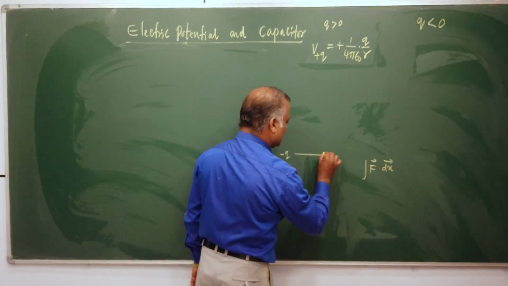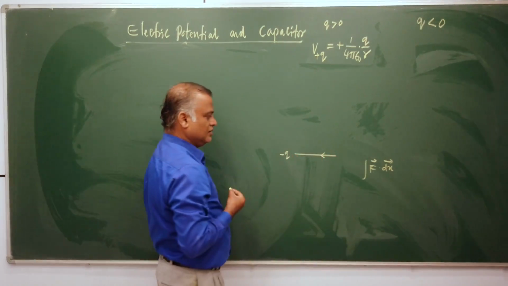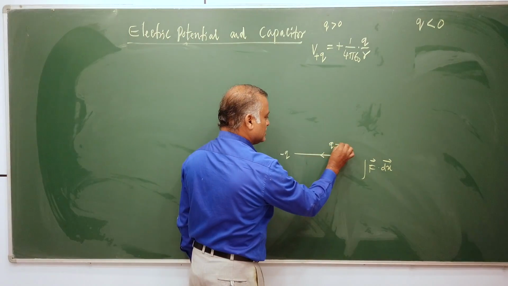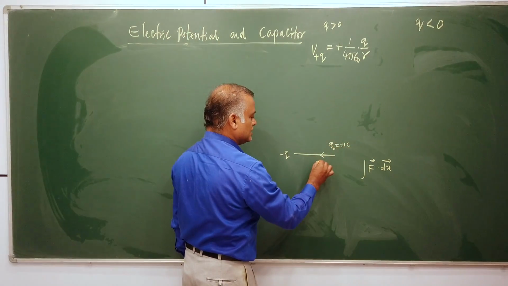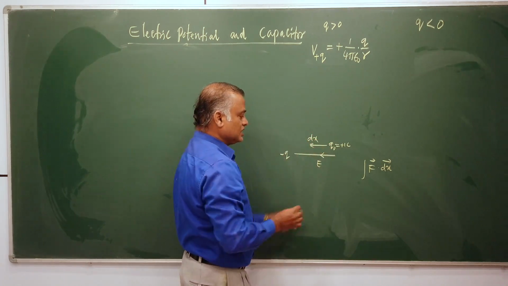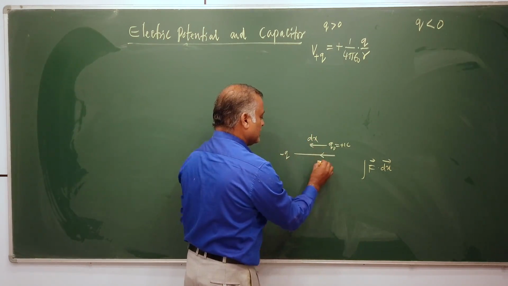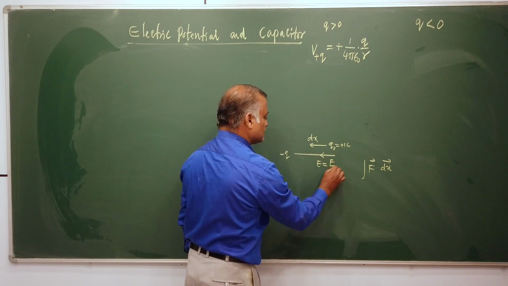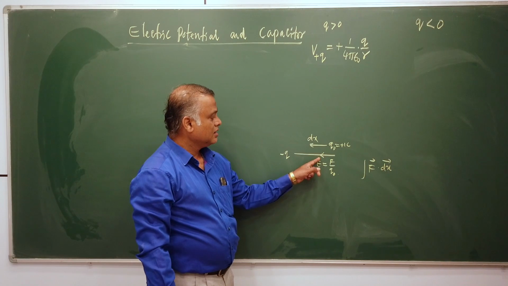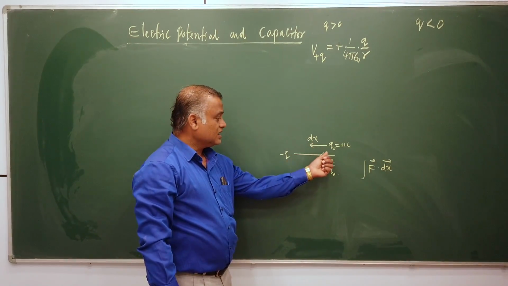Field lines are inward. Now the test charge is plus 1 coulomb of charge. The electric intensity is force by charge. Direction of electric field and the displacement are in the same direction.